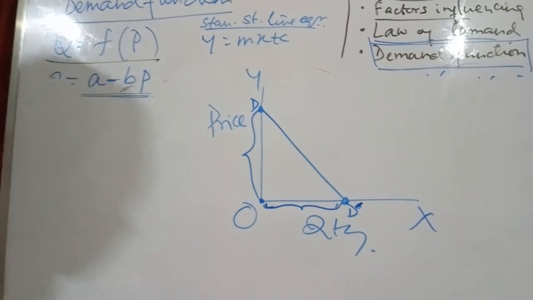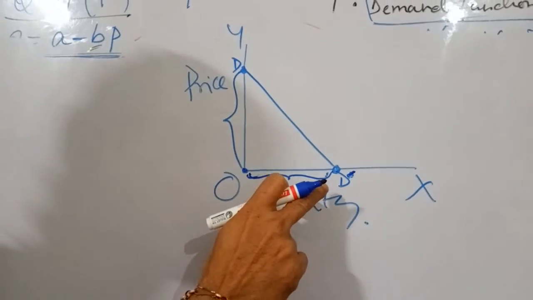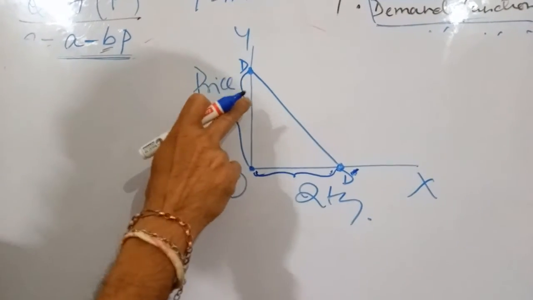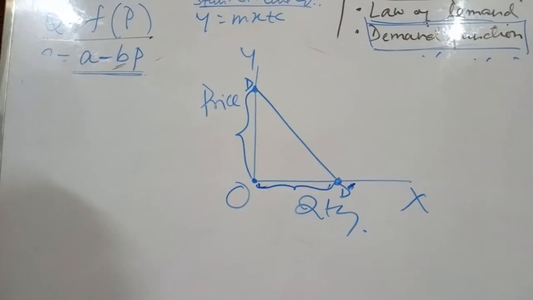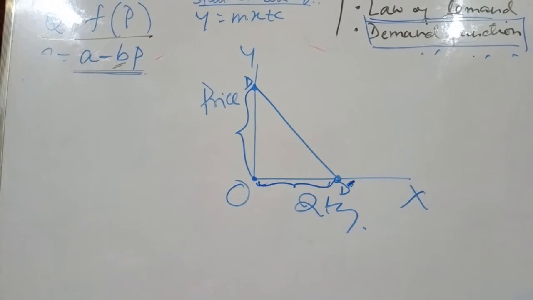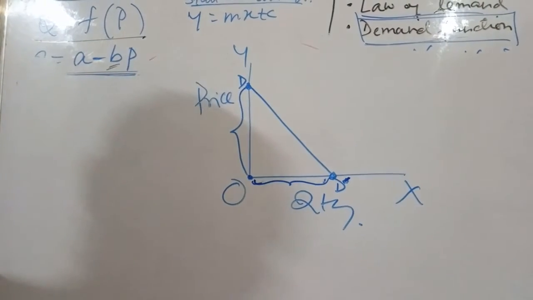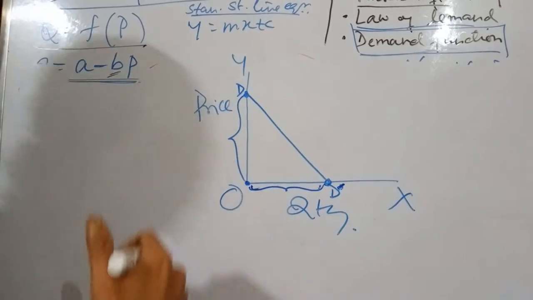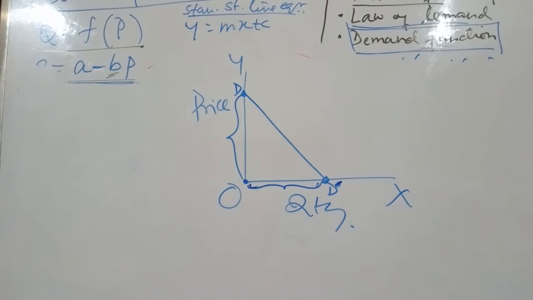But we often draw the demand curve so that the curve touches both the axes. And what is the reason behind it? The reason behind it is to mathematically explain all other things in the theory of demand.